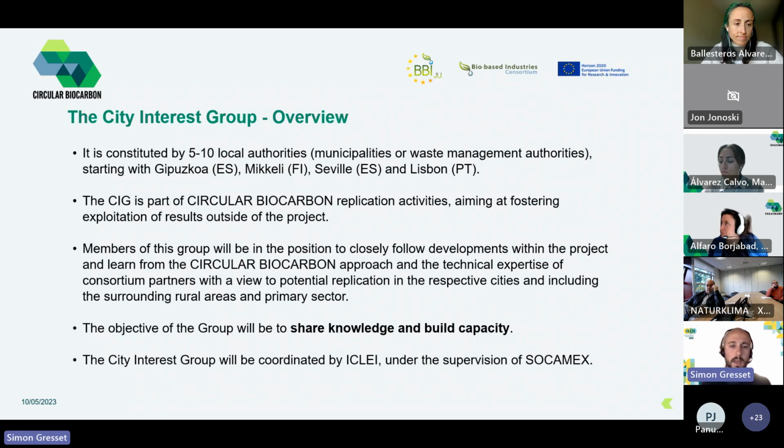And the idea is that all together, those organizations will have access to a series of activities within the project to learn about biorefineries, to share knowledge and experiences, but also to build capacity with a view to one day maybe setting up a biorefinery in their cities, in their towns, and so on. This activity is coordinated by ICLEI, so we are a city network, that's why we are in charge of it, and supervised by Socamex.